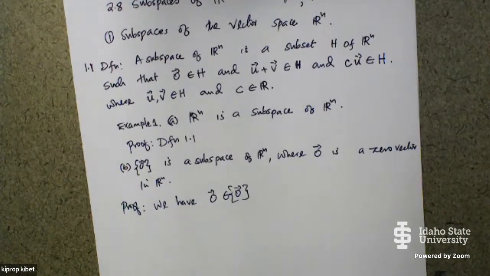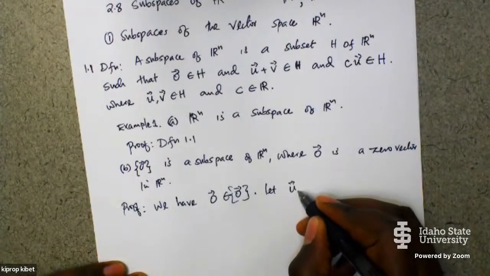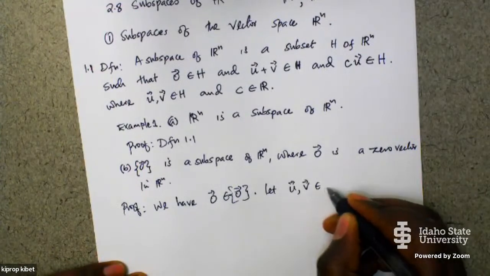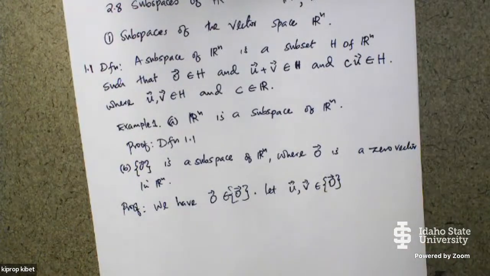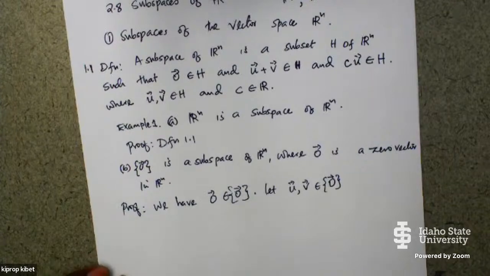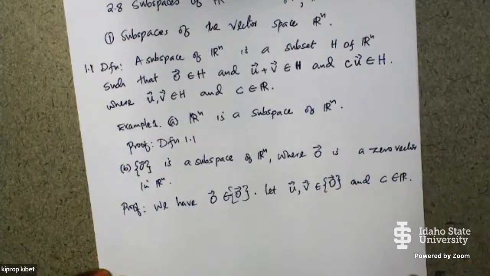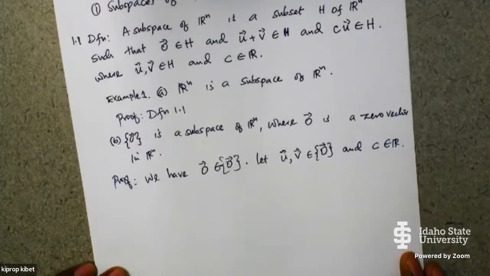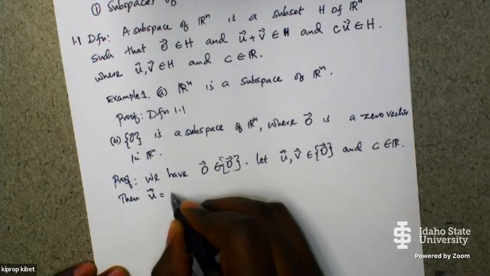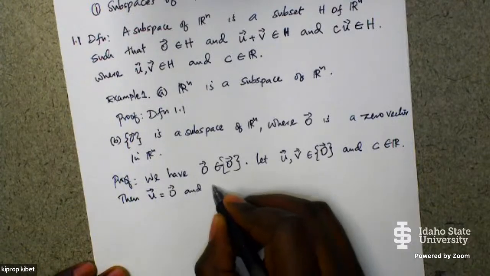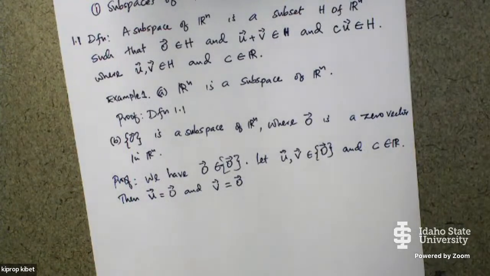Then if we let u and v be elements of the zero vector, and c be an element of real number, then u equals the zero vector and v is also equal to the zero vector.